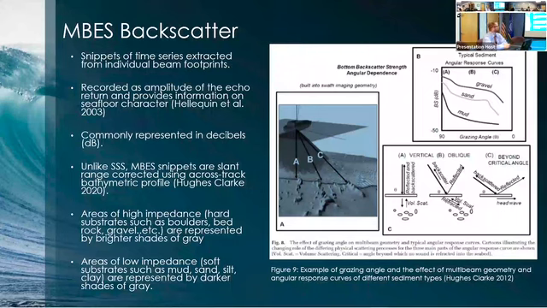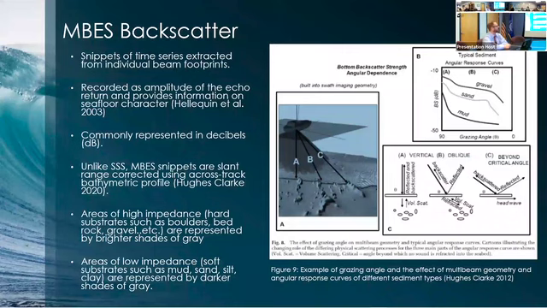It's taking a time series and recording the amplitude of that time series. And the backscatter strength is dependent on the grazing angle and the composition of the seabed characteristics. Like the top right image here, image B, shows typical angular response curves of different seabed characteristics with gravel, sand, and mud.